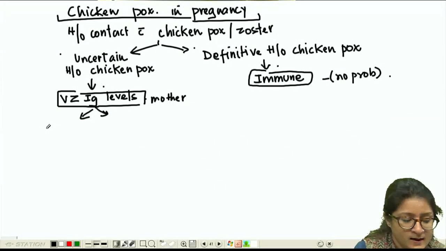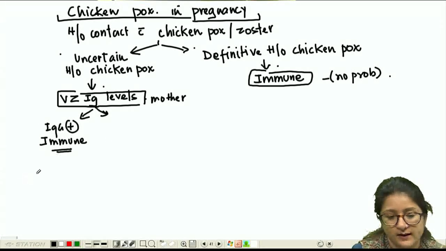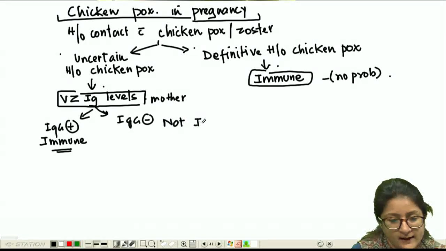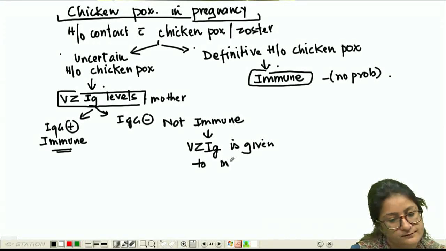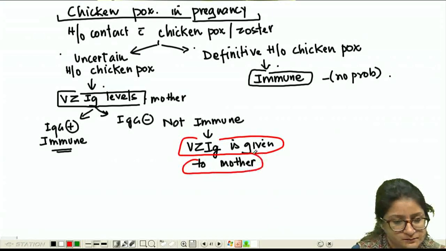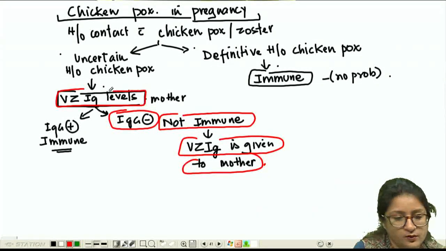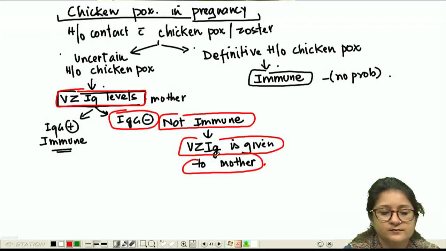If these levels show IgG positive, that means the woman is immune and nothing needs to be done. She is okay. If she is IgG negative, that means she is not immune, and then in those cases what should be done? Varicella zoster immunoglobulin is given to the mother when she is not immune, and we can get to know that by doing the varicella zoster IgG levels.